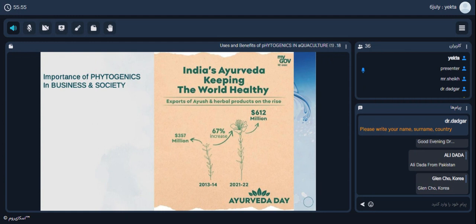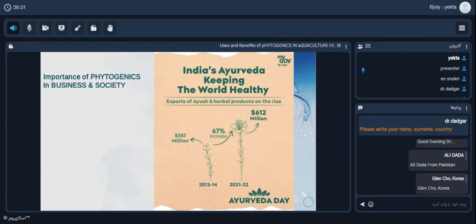This I'm trying to show you. This slide is from the Government of India. It is showing how phytogenics is also helping in business development. After having these kinds of benefits, if we talk about 2013-14, the export value was about $357 million.